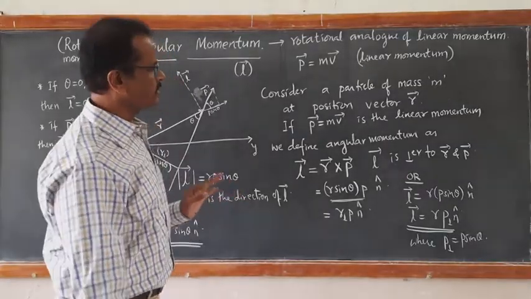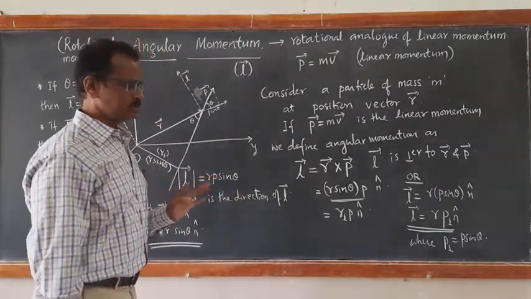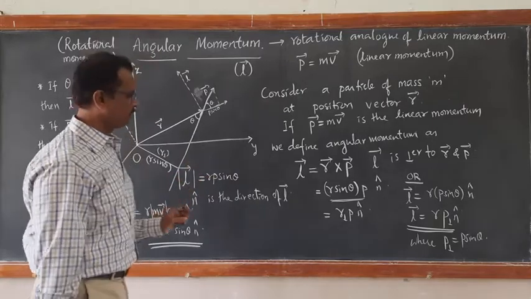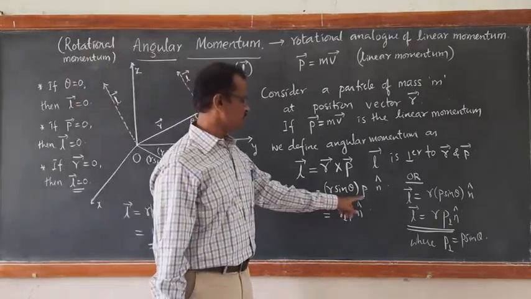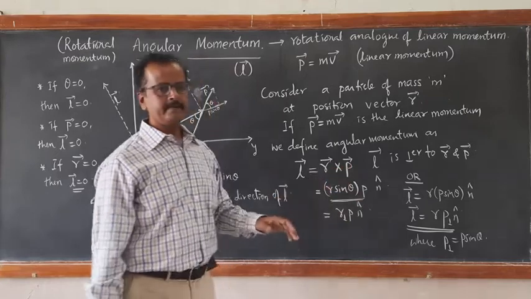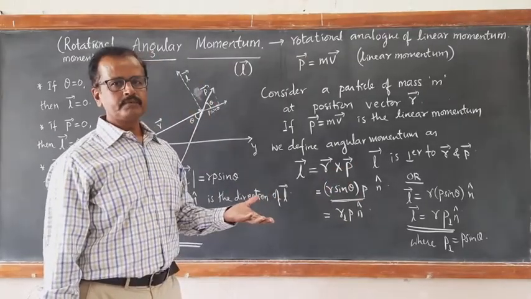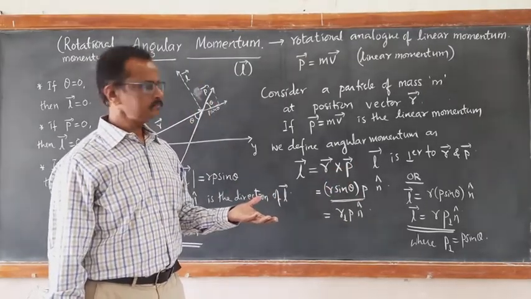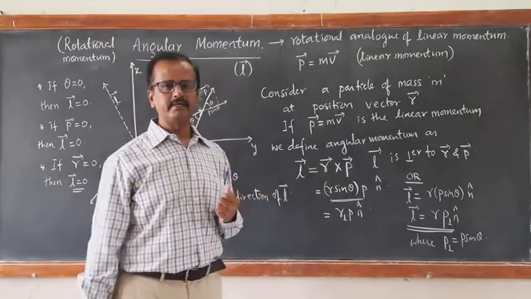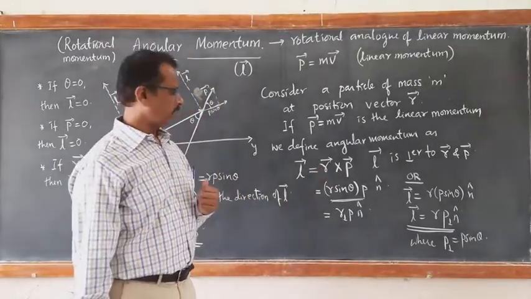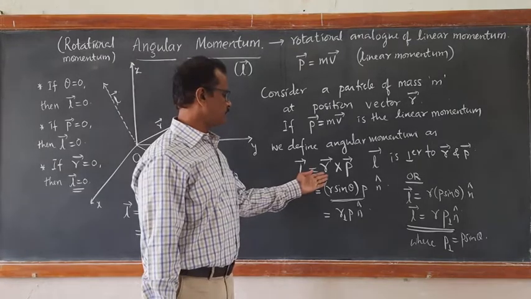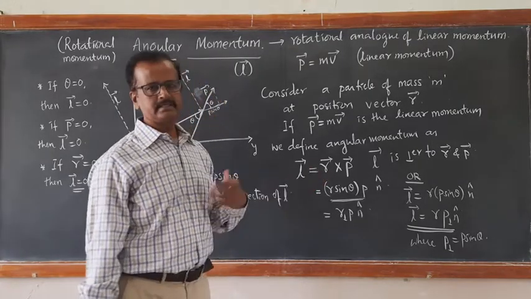Then what is the SI unit of angular momentum? See here, the SI unit of angular momentum can be determined using this equation, r and p. The SI unit of linear momentum is Newton second, and the SI unit of position vector is meter.